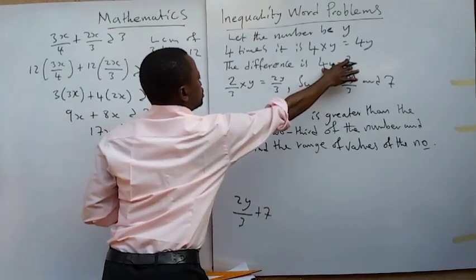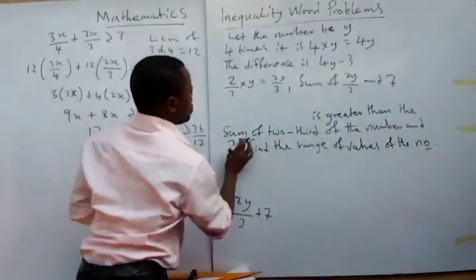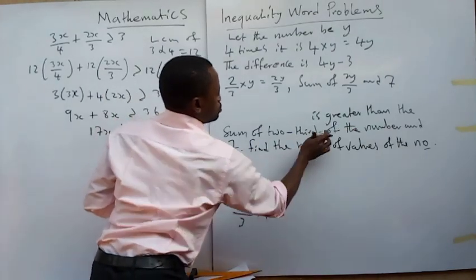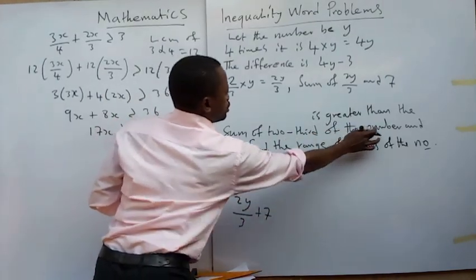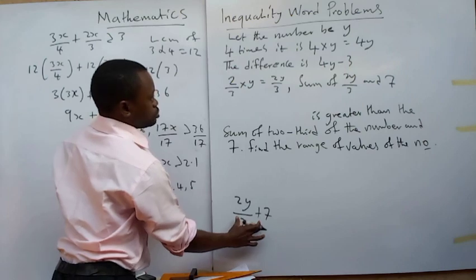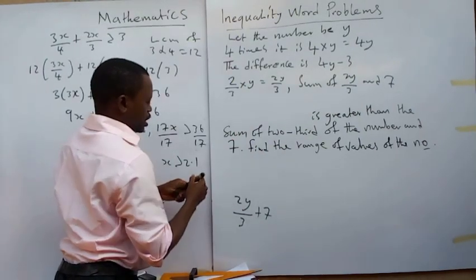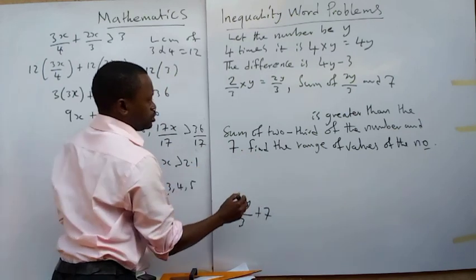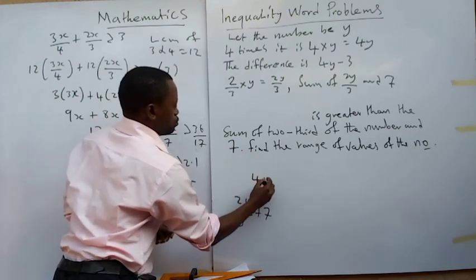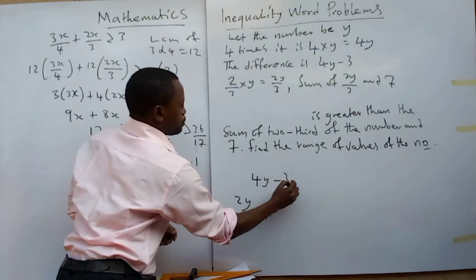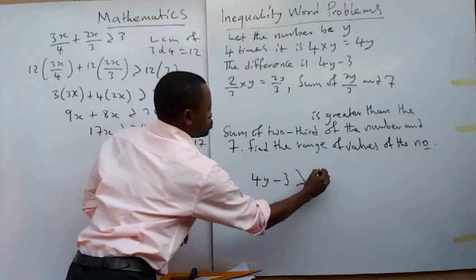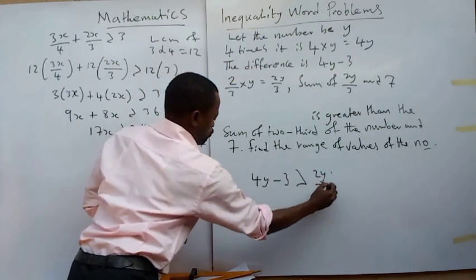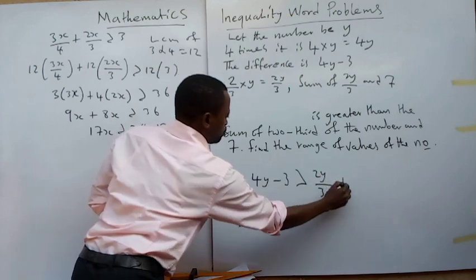Now this quantity is greater than the sum of 2/3 of the number and 7. So the implication is that we now have 4y minus 3 is greater than 2y over 3 plus 7.